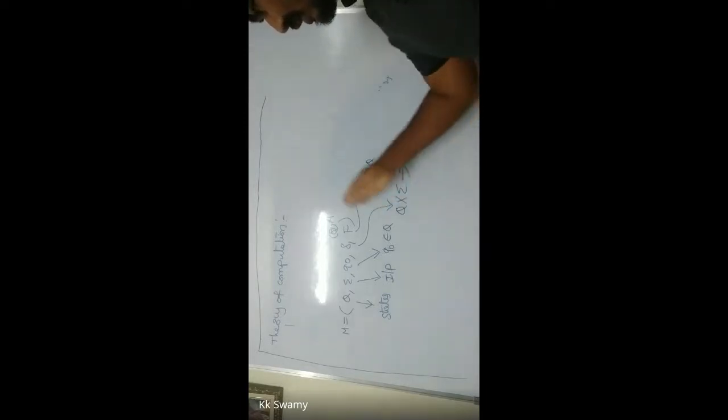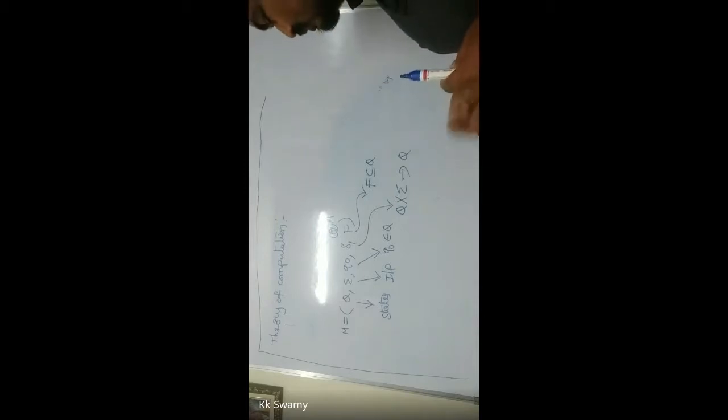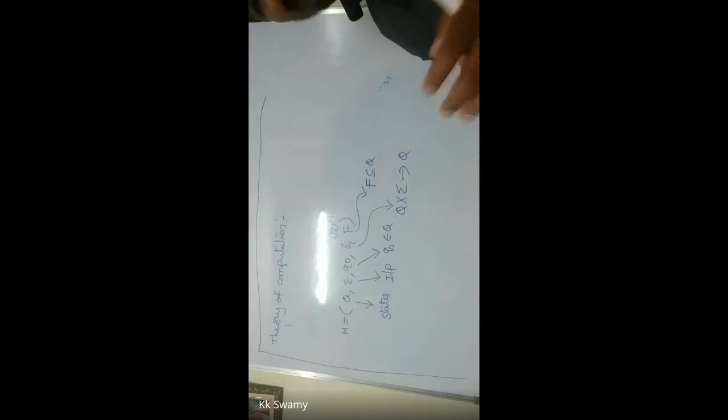Next one is the transition function. Why I am explaining this example is for understanding the transition function. Transition function means how to move from one state to another state. In the lift, it is how to move from one floor to another floor. If you press button 1, you go to the first floor. If you press button 3, you go to the third floor.